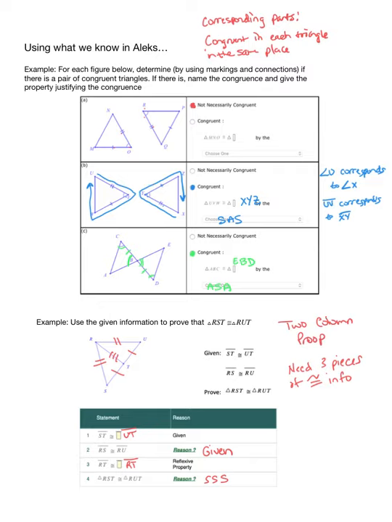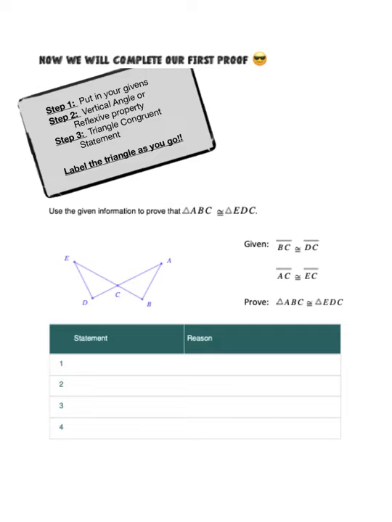Okay, let's go to the next one. All right, now we are going to write this proof. In Alex, you're going to type in everything and you'll still have the drop-down menu for the reasons. So, the step 1, put in your givens. I'm going to add step 1A. I'm going to add a step.